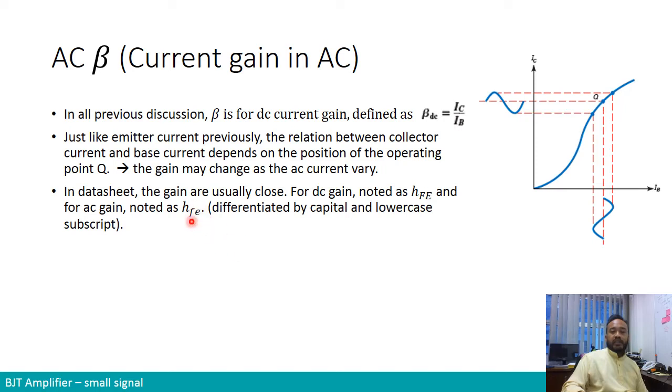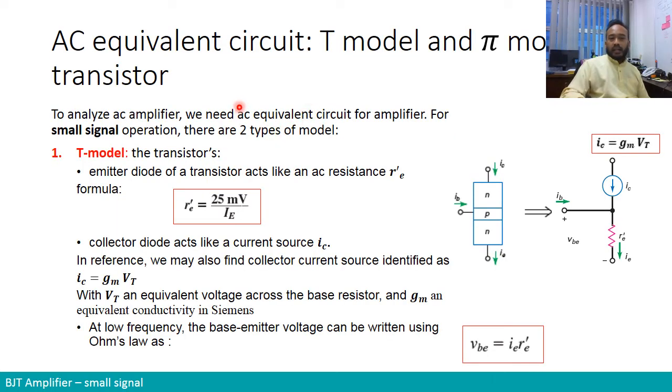There is a condition, probably the peak-to-peak value, that gives you this gain in AC. But if you don't have this, you might as well use the DC gain, because usually they are not very different from each other.